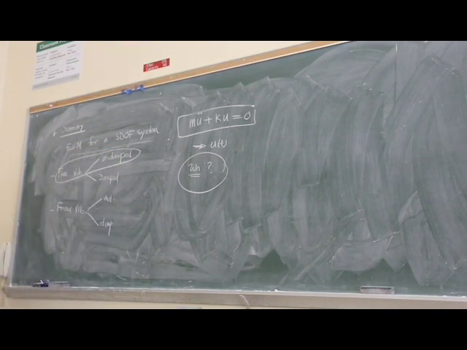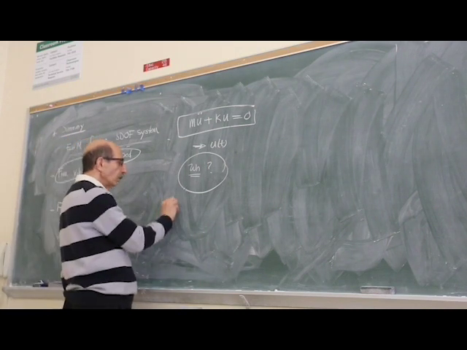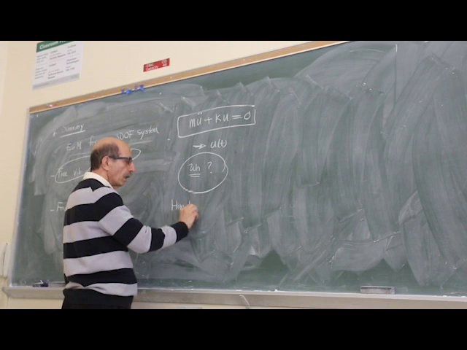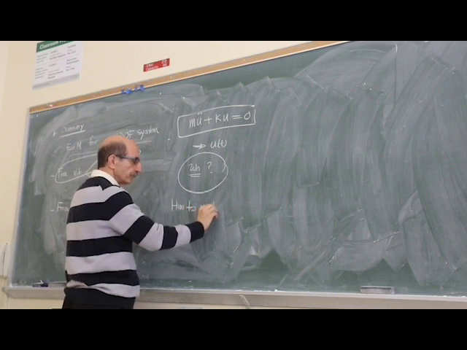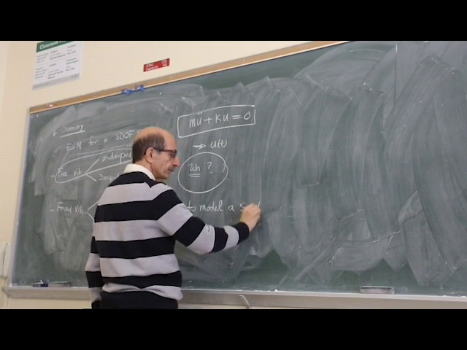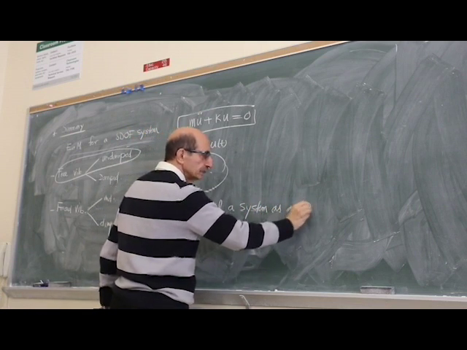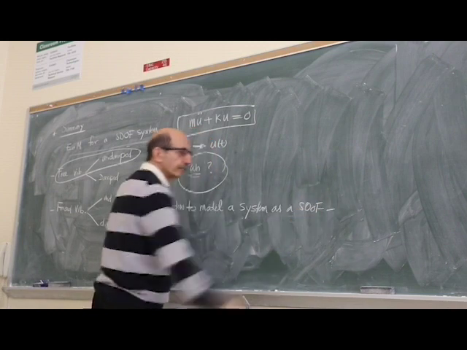So the next topic, as I said, that we are going to focus on, and we'll spend a few weeks on, is how to model a system as a single degree of freedom.